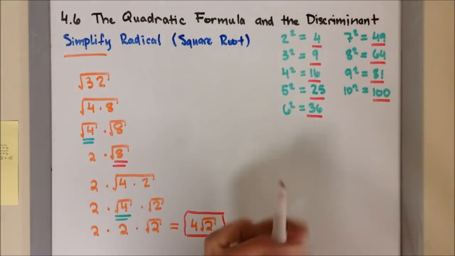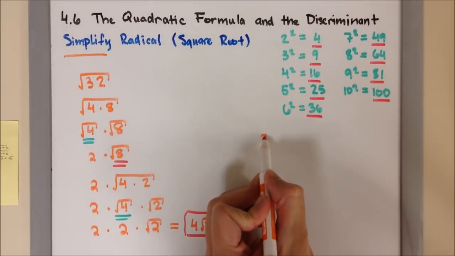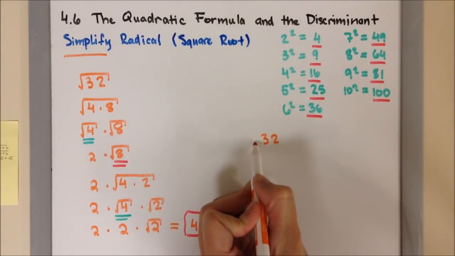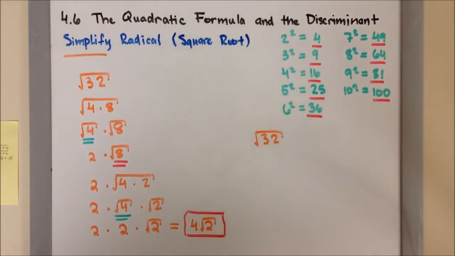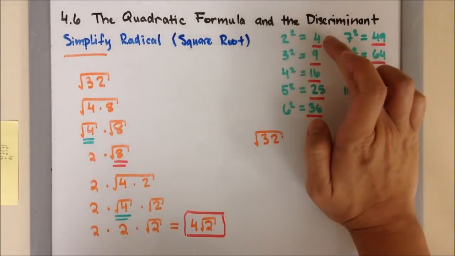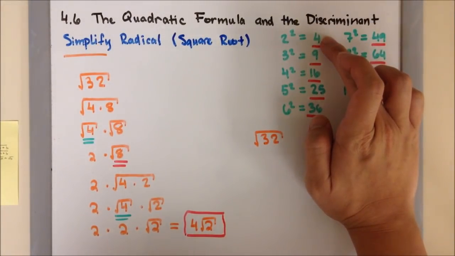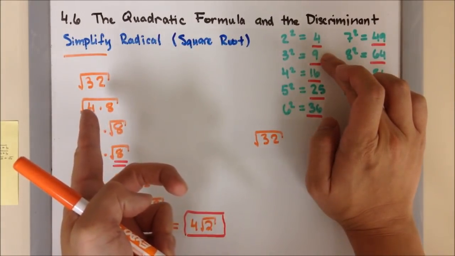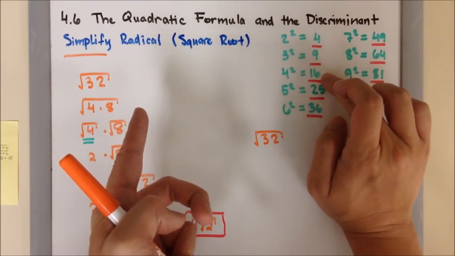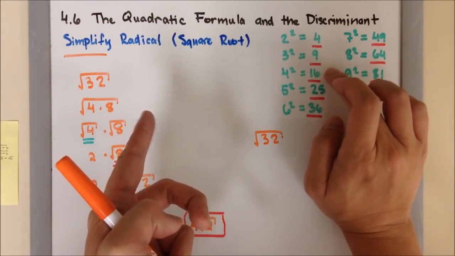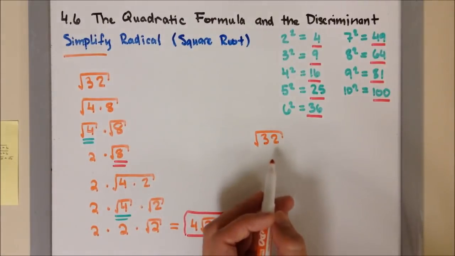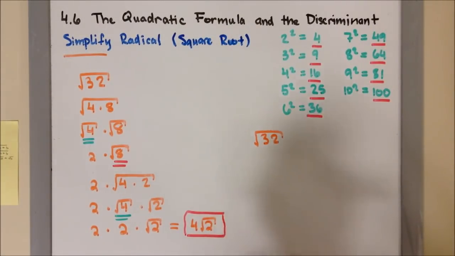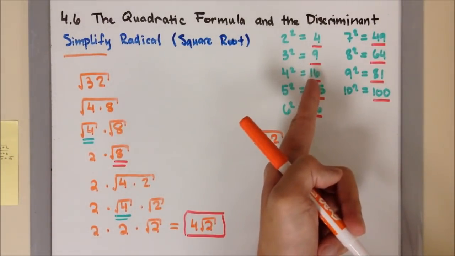And I'm going to write it right here. The square root of 32. Now, instead of 4, we check on other higher numbers, higher perfect square numbers you could use. 9 does not go into 32, but 16 does. 16 can go into 32, so I'm going to break 32 into two numbers, where one of them is 16.